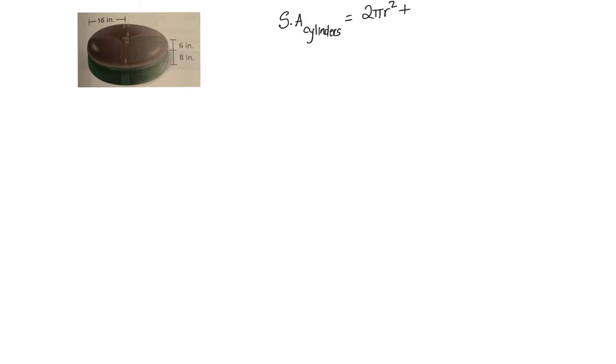Plus we have to do the lateral surface, which is 2 pi r, that accounts for the length of the rectangle as we cut it apart, times the height. So this is the formula for the overall surface area of a cylinder.